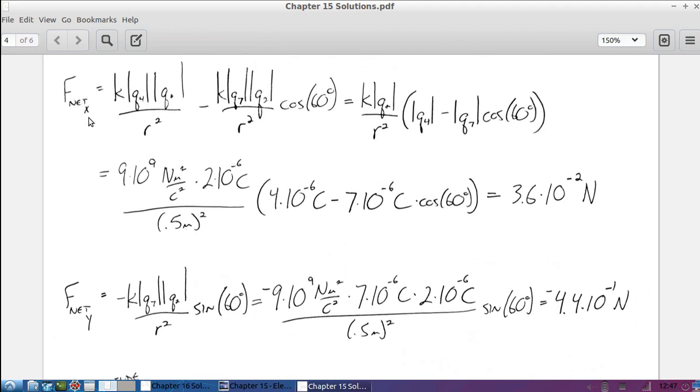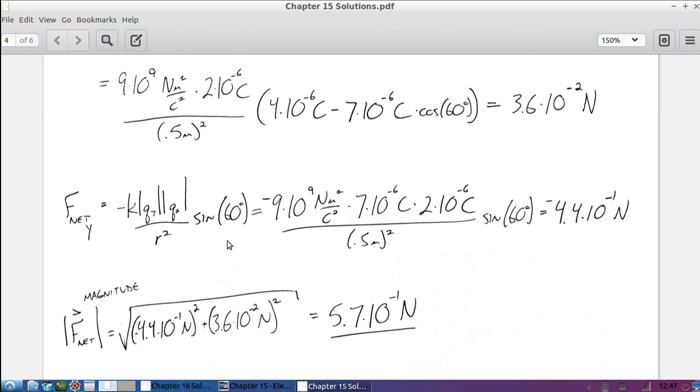So I've got the x component, I'm ready to calculate the y component. So I've got k, I've got the magnitude of the two charges, the same distance, half a meter squared, and now I'm using sine of 60 because it's the y component, and it's negative, so I can't forget to bring my negative sign along with me, and I get 4.4 times 10 to the negative 1 newtons.